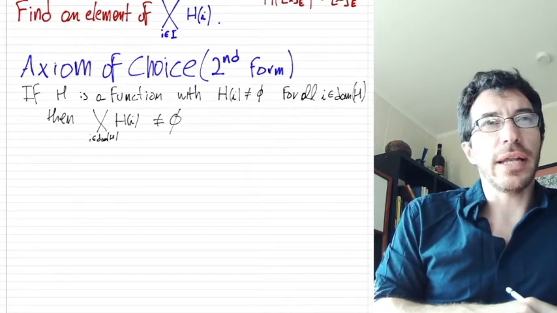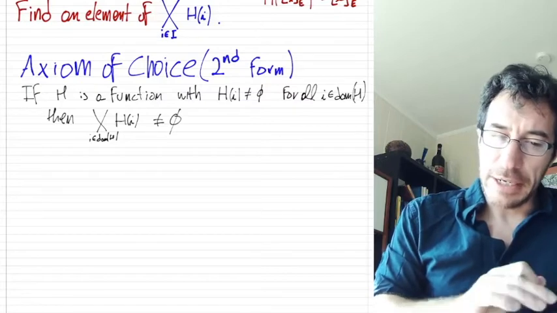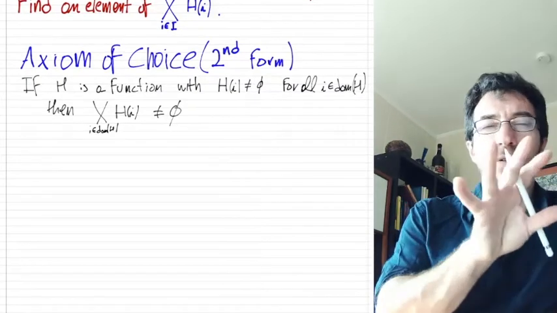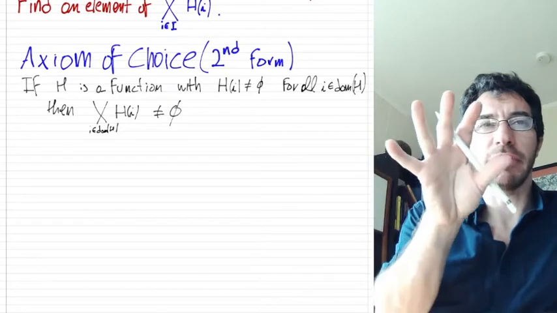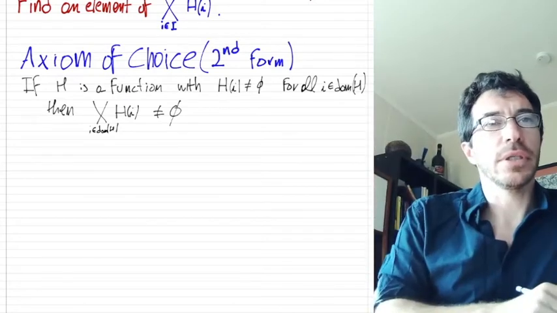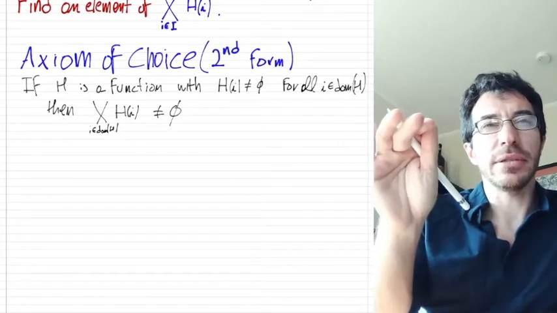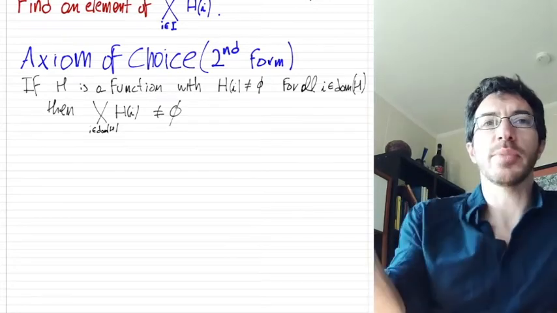So that's what this other form of the axiom of choice is saying. You want to do an infinite Cartesian product of a bunch of sets H_i, and you know that none of them is empty, and then the claim is that the Cartesian product is not empty.